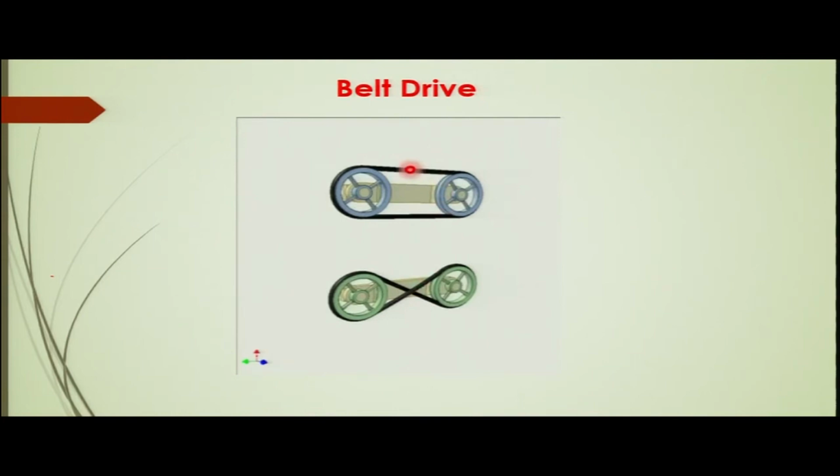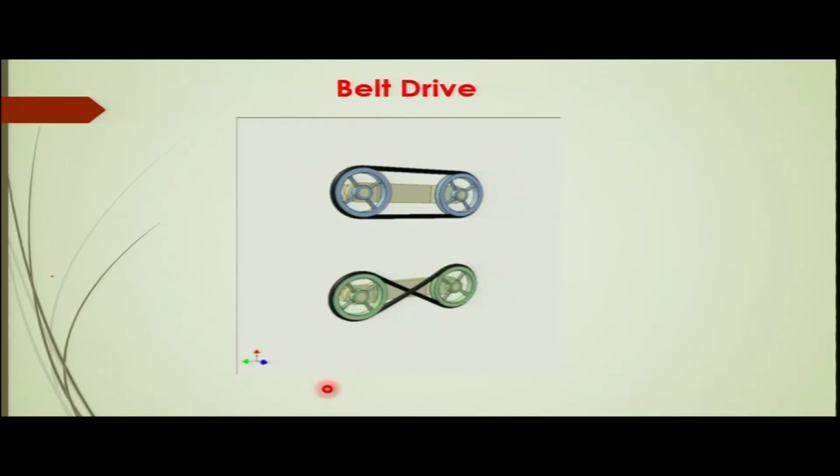Now, the straight belt and the cross belt are provided to transmit the power from the input shaft to the output shaft, but in the straight belt the rotation of this pulley and this pulley will be in the same direction, whereas for the cross belt the rotation will be in a different direction.